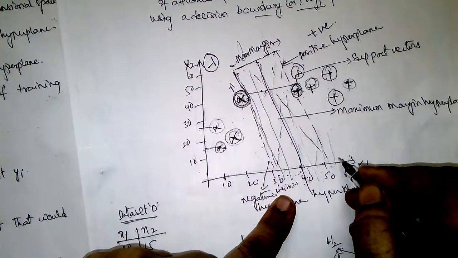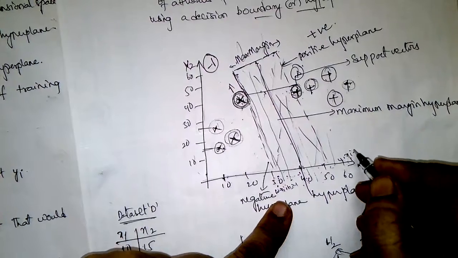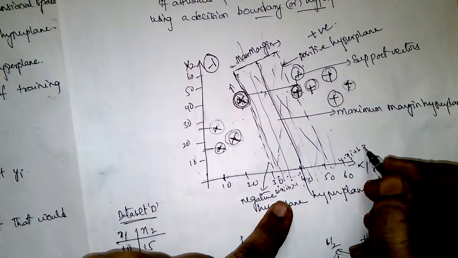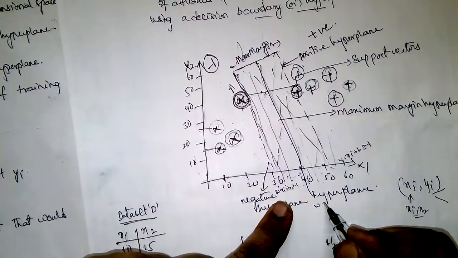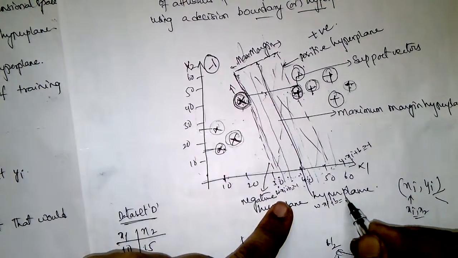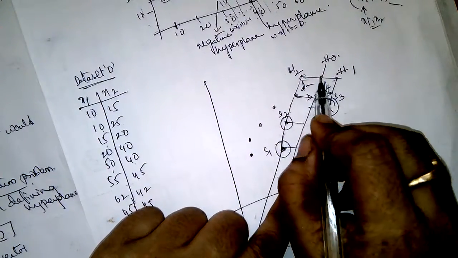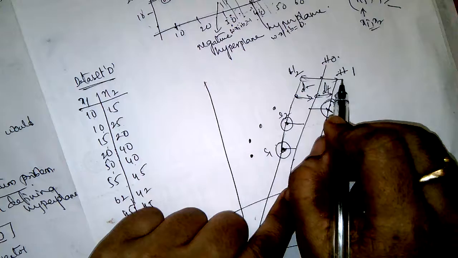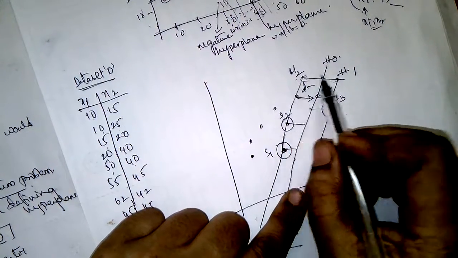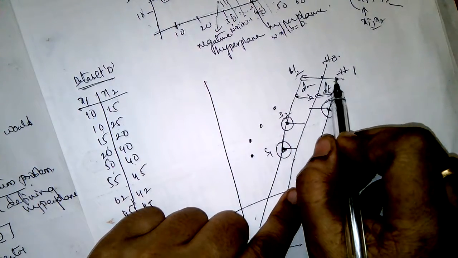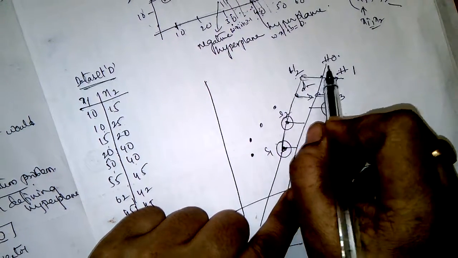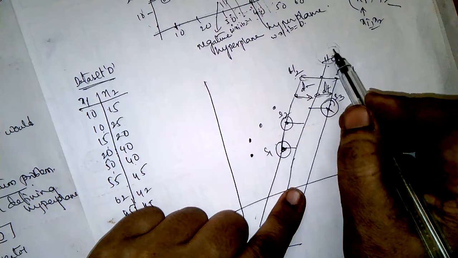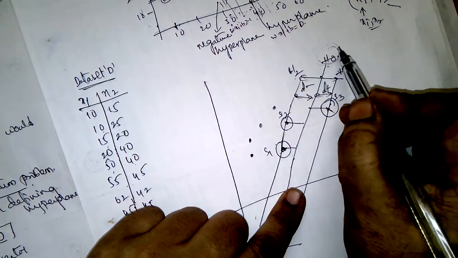And what is this? w dot xi plus b greater than or equal to +1. And what is this? w dot xi plus b equal to 0. So we call this the H0 hyperplane, this H1 and this H2. We label them like this. This is the positive hyperplane, this is the negative hyperplane, and this is the optimal hyperplane, where w dot xi plus b equals 0. Positive: greater than or equal to +1. Negative: less than or equal to -1. Optimal: equal to 0.